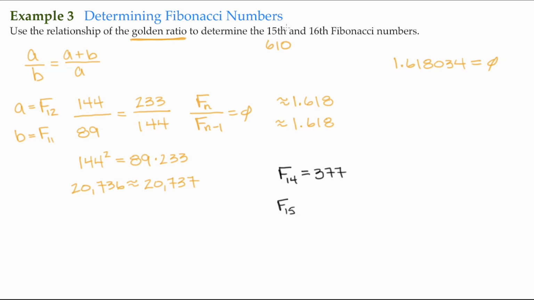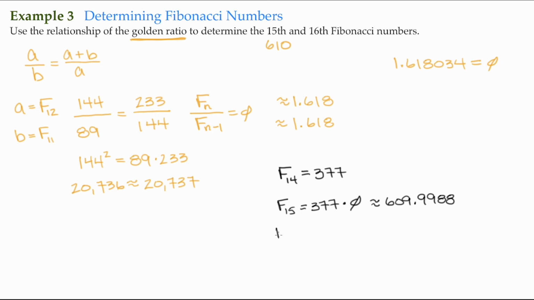But we don't have to do that. We could simply take the 14th Fibonacci number, which is 377, and multiply it by phi. And if we do that, it comes out to be approximately 609.9988. You won't get it exactly because this is an irrational number, but it comes out to be 610 if we round it.